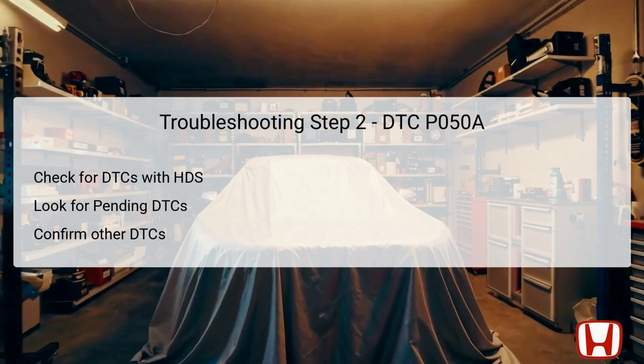If any other DTCs are found, proceed to their specific troubleshooting protocols, as they could contribute to the symptoms experienced. If there are no additional codes, you can confidently move on to the next step in troubleshooting. This step is critical to ensure a comprehensive analysis of all fault codes affecting vehicle performance.